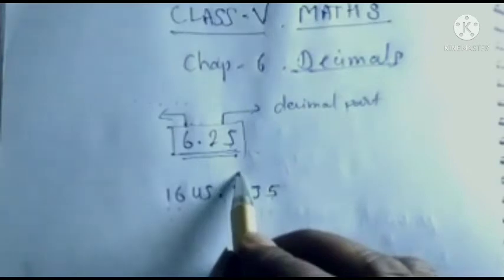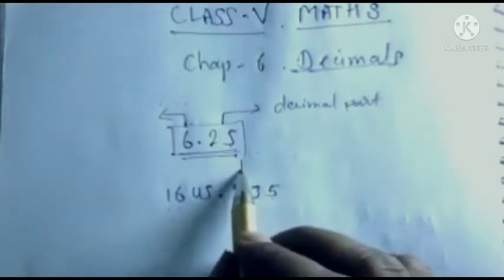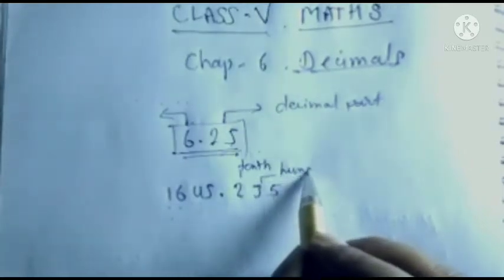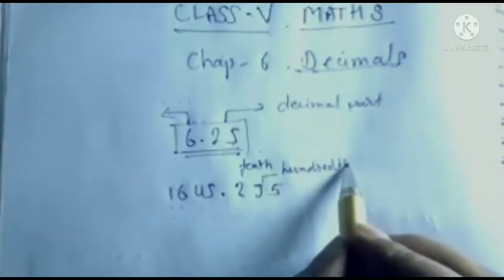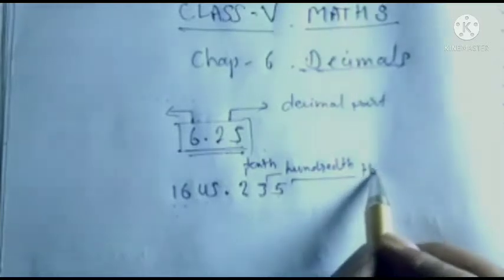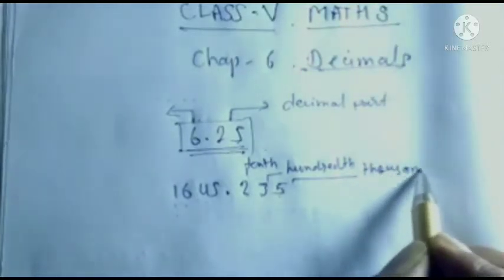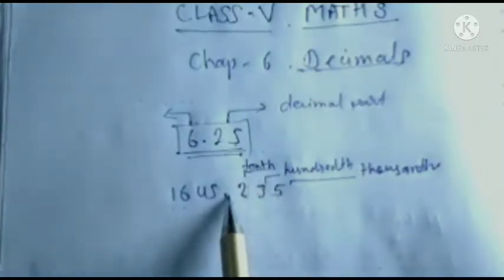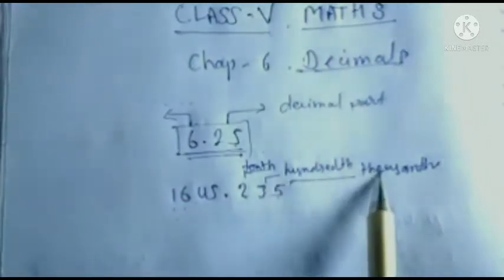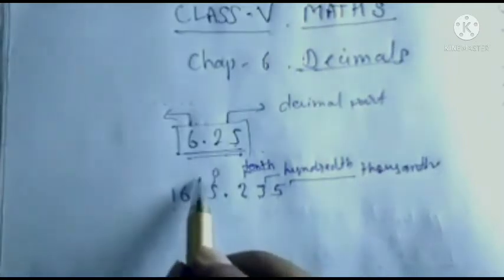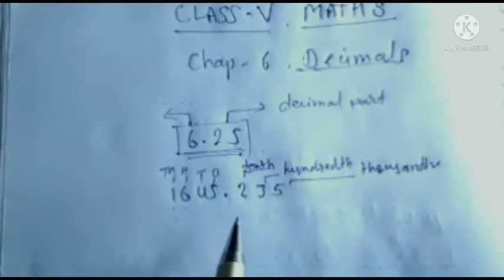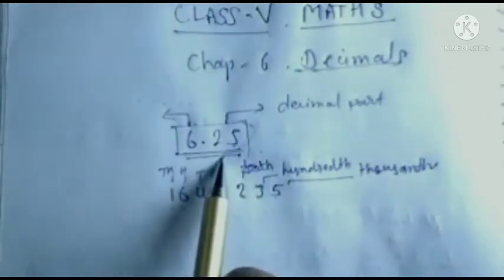So this is called tenth, this is called hundredth, this is called thousandth. There are no ones there, only tenths, hundredths, thousandths, while this side has ones, tens, hundreds and thousands. I hope you understood this. These are the decimal numbers.